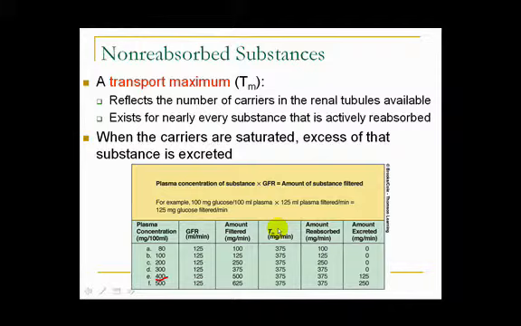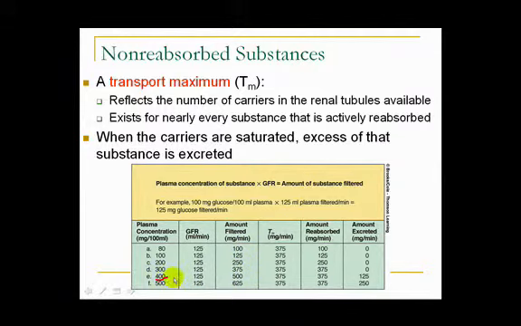So the kidneys, the channels can only move about 375 milligrams of glucose across per minute. So if you have about 100, you're going to be able to reabsorb all of that. So none of it would be excreted.